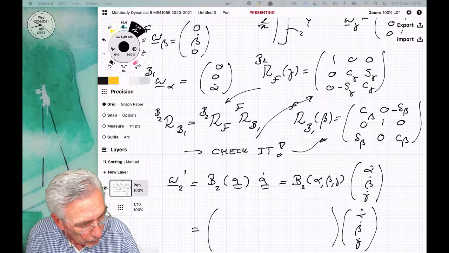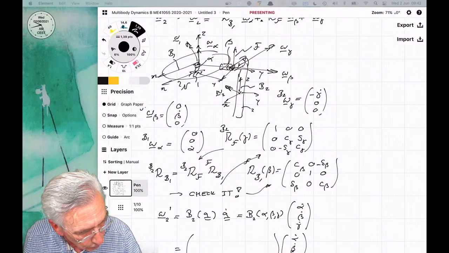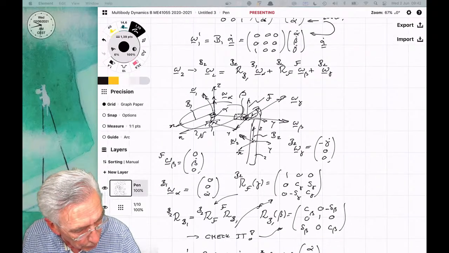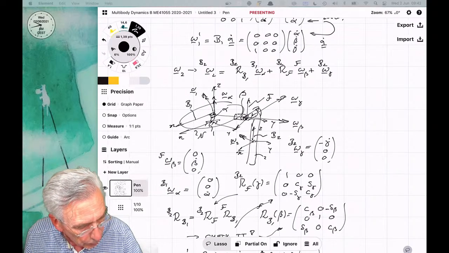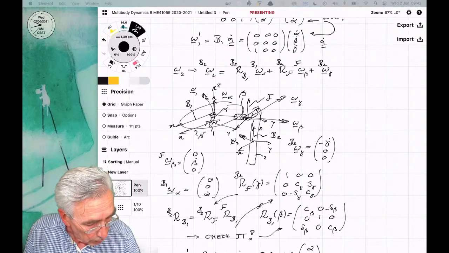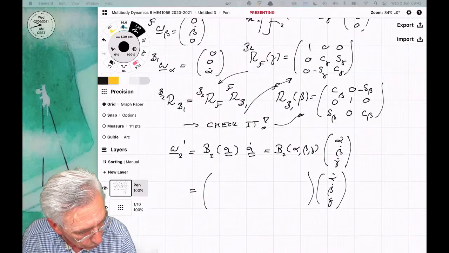Of course, we already know some of the parts, right? We already know that the gamma dot doesn't change for B2, and the gamma dot is always about the, what was it, the minus x-axis, so there should be a -1 for the gamma dot.